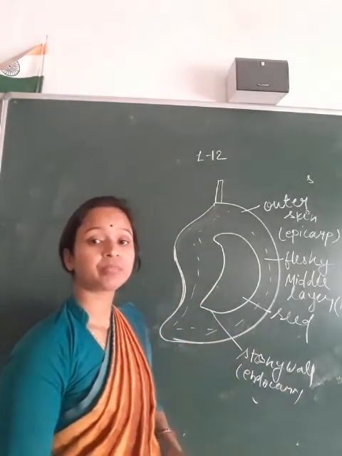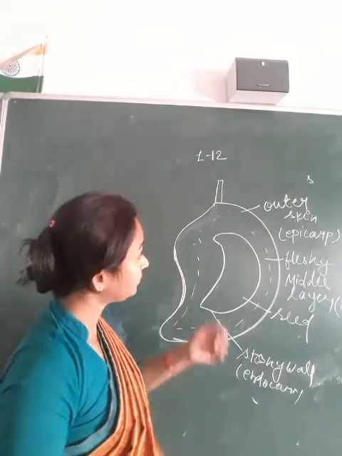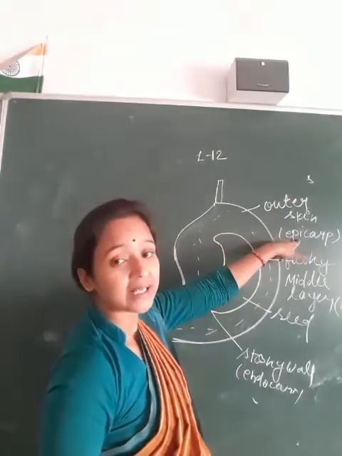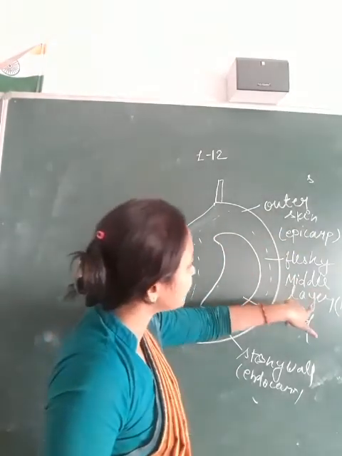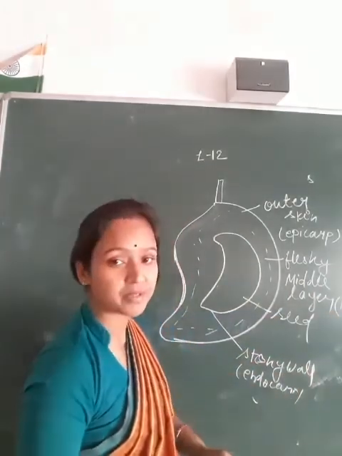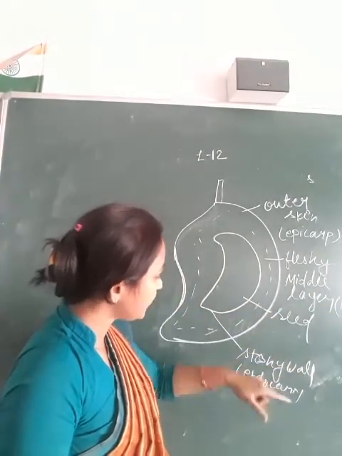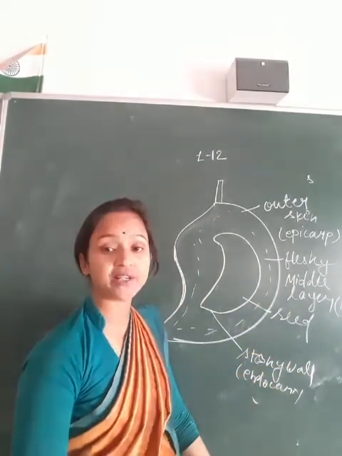In this diagram you can see the outer skin, that is the epicarp, the fleshy middle layer, this is the mesocarp, and the seed, and this stony wall is the endocarp.